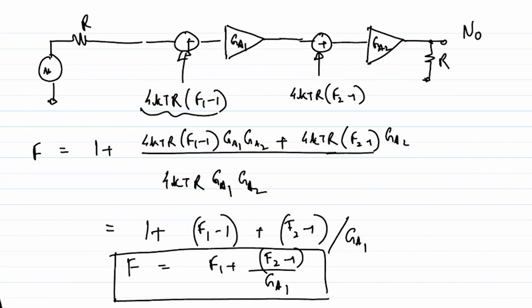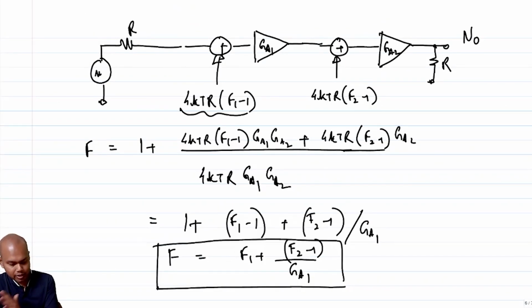The technical way of talking about this is that the noise of the subsequent stages gets attenuated by the gain of the first stage. When I make this statement, I am talking about input referred noise, because in principle the noise doesn't get attenuated. It is only when you refer it back to the input that it gets attenuated.